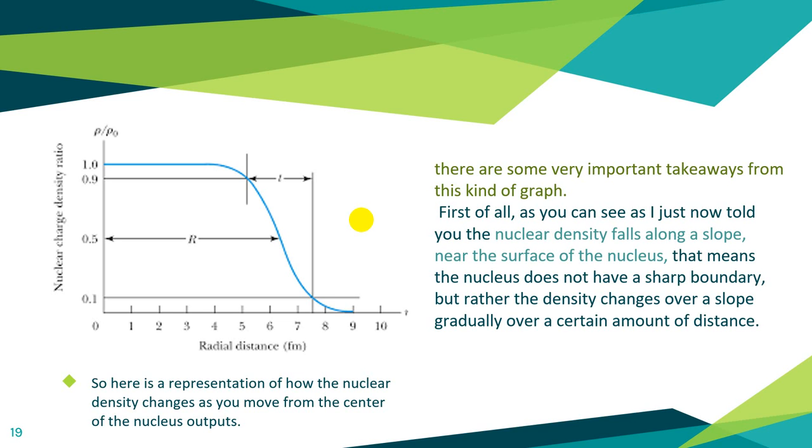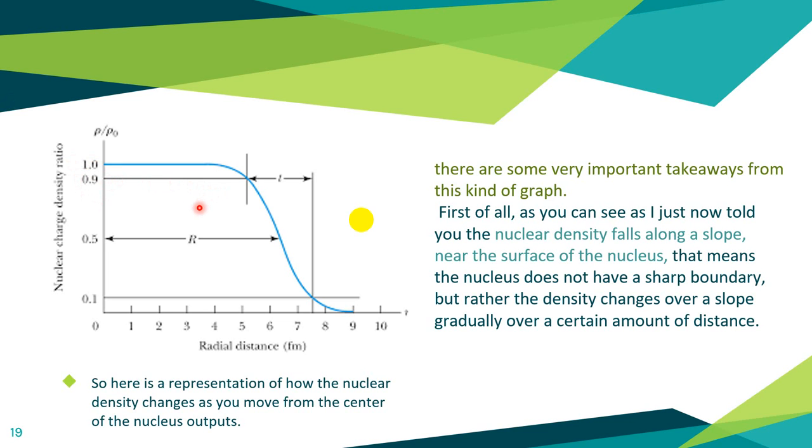Now, there are different parameters associated with this slope. For example, if you calculate the region where the density is around 90% of its maximum value, that is 0.9 rho.